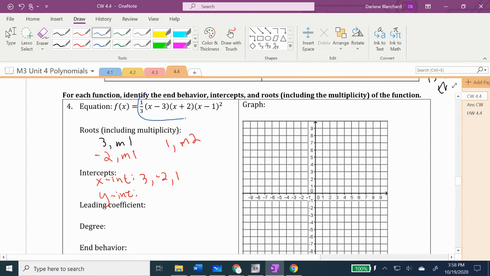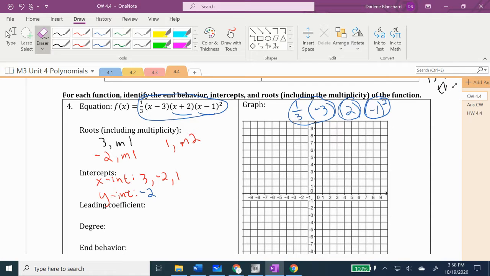So I'm going to take this entire expression, and I get 1/3 times, when I plug 0 in, negative 3, times 2, times negative 1 squared. The negative 1 being squared will end up being positive 1. And these two together will make negative 1, and then multiplied by 2 gives me that negative 2 is the y-intercept.